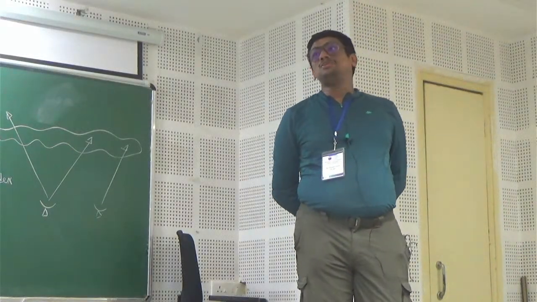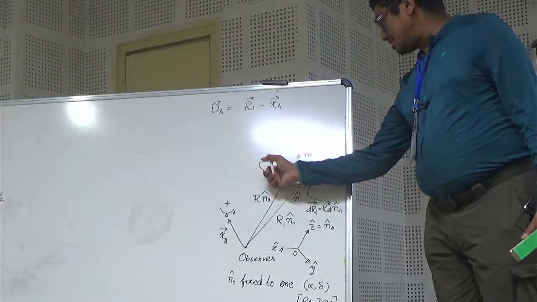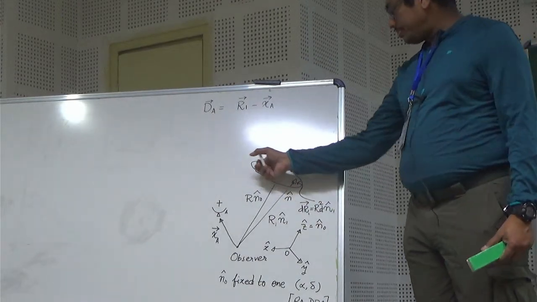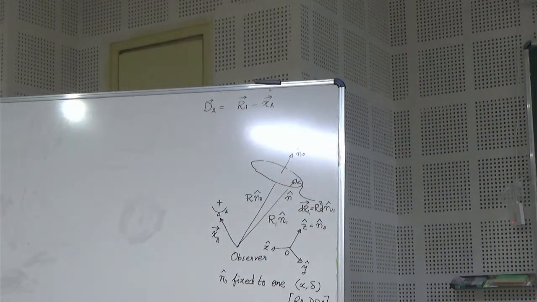Let's assume that the antenna beam pattern does not have any azimuthal dependence. It does not change along this direction. It only depends on the distance from here. Then it will not be a function of time.